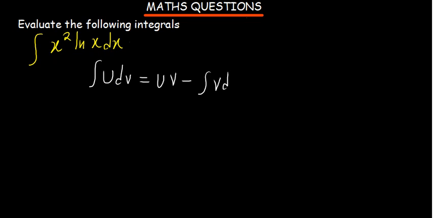So let's say u is the first one, x squared. Then that means dv, the other part, is going to be everything that has remained, natural log of x dx. You get that?